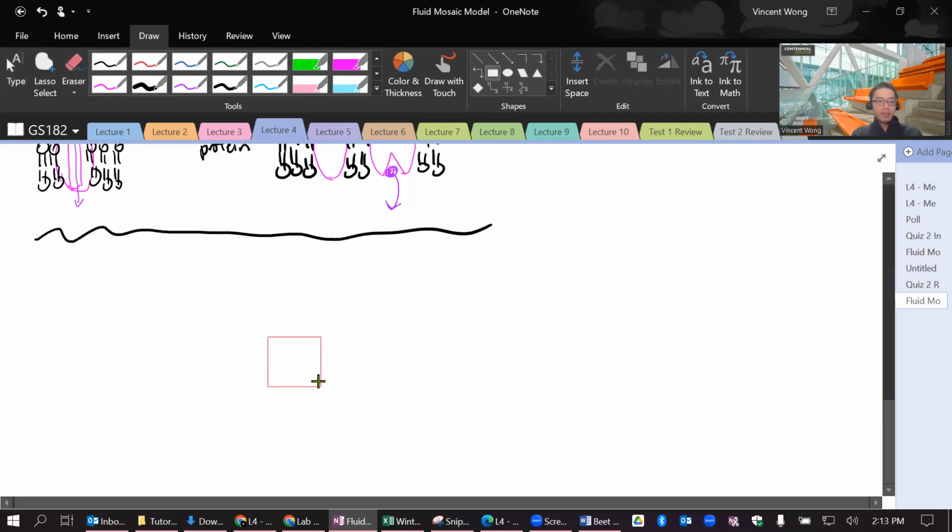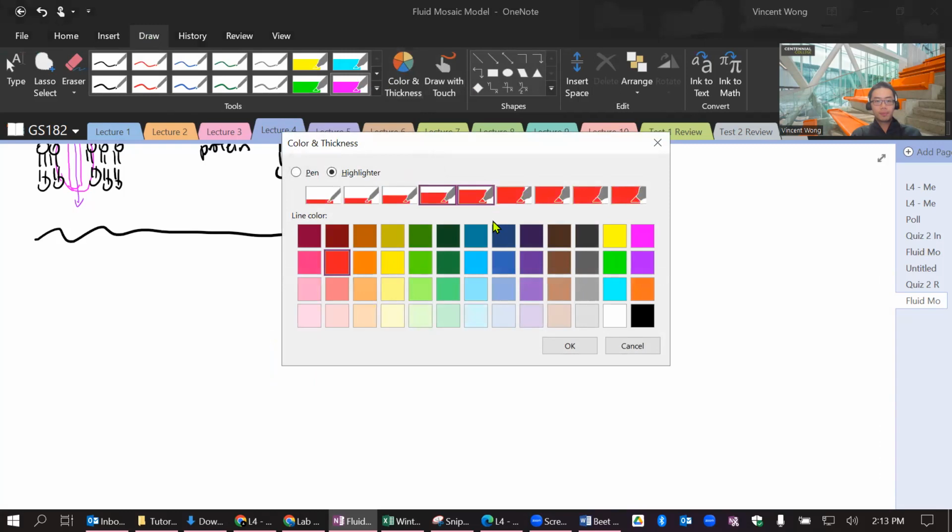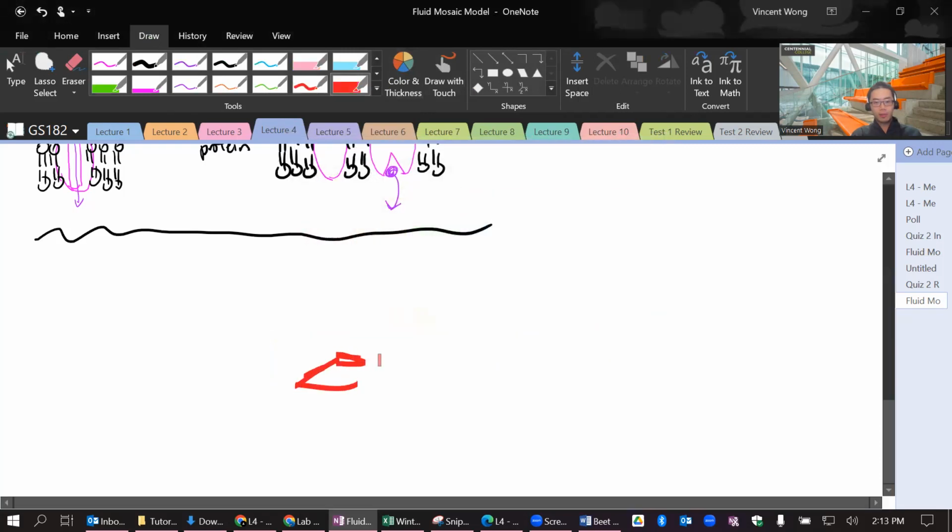If I have something that's red, consider a red block, and this is your eye. Why does this thing appear to be red to you when you look at it? That's my question.